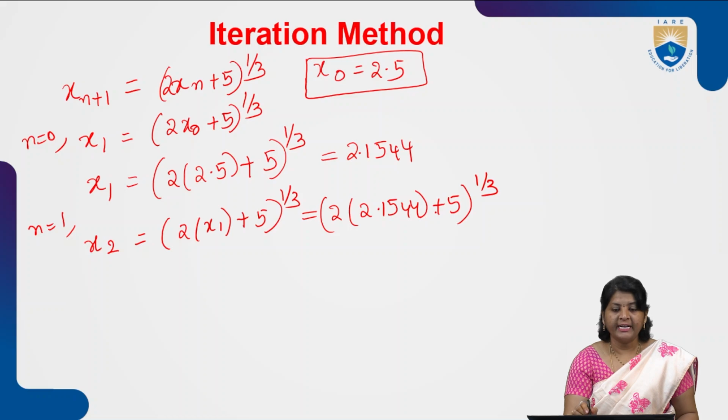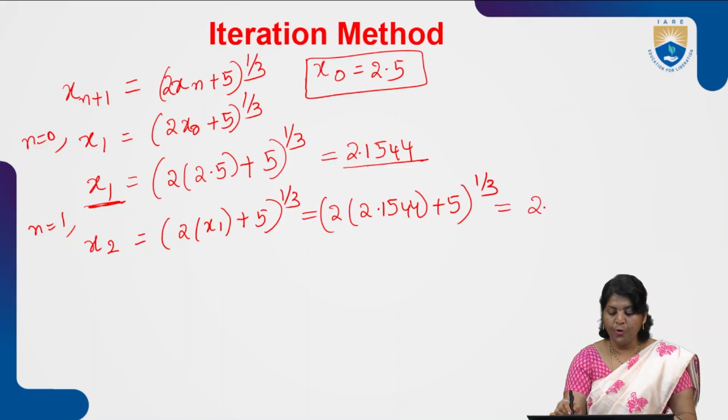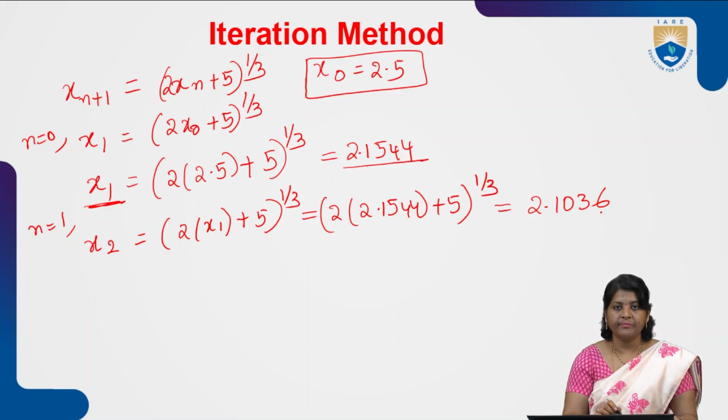Here x1 is 2.1544, since the root value we are finding is at a fixed point. That value we will use for finding the root x2. After simplifying this, you will get 2.1036.